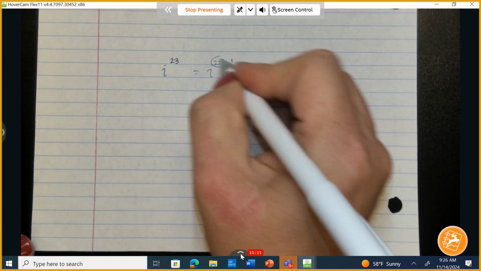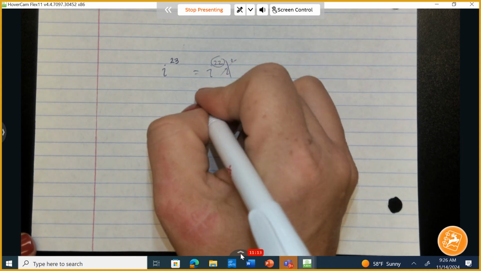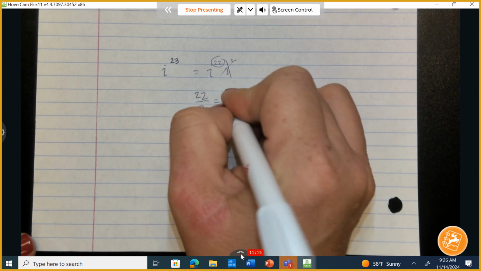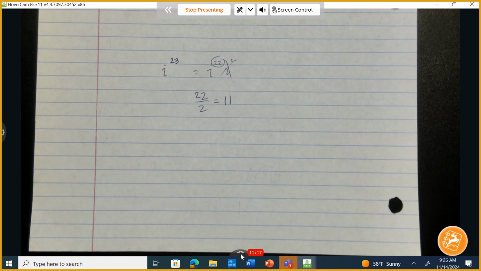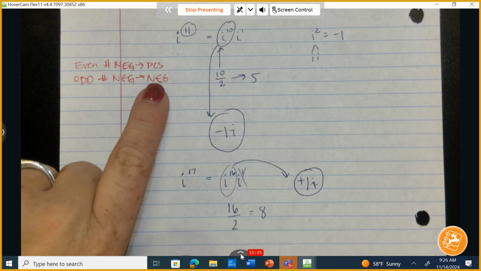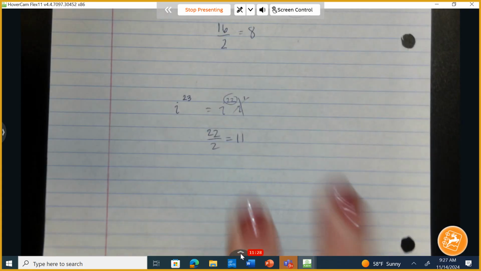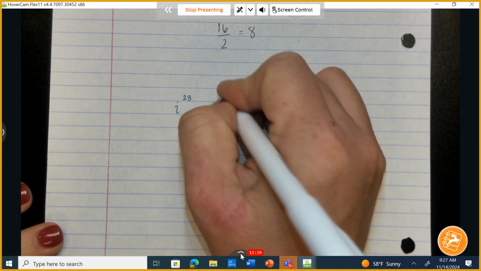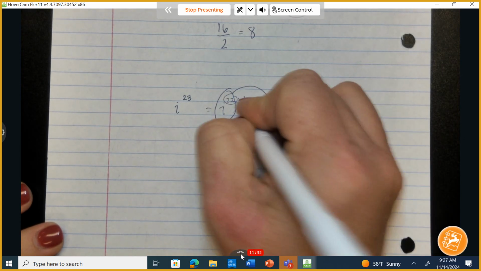Forget about the i right now, take the 22, we're going to divide it by 2, and I get 11. So there's 11 groups of 2, pairs of i's that fit in. 11 is an odd number, it's going to produce a negative answer. So this portion is going to produce a negative 1, and there's an i left over.